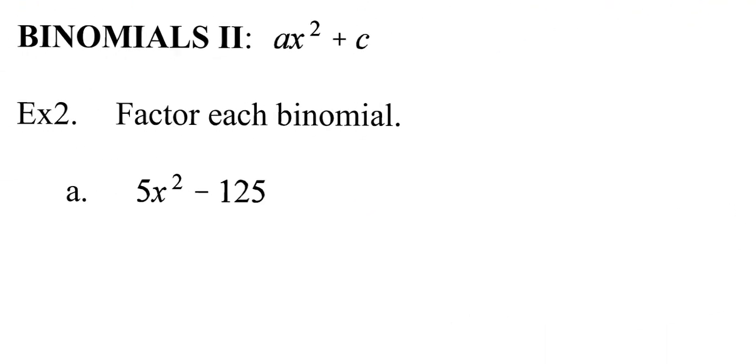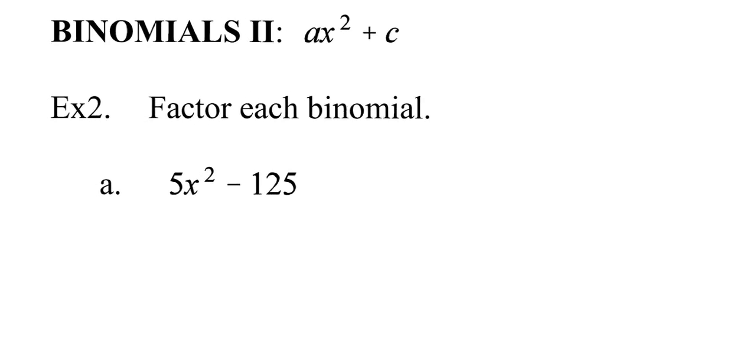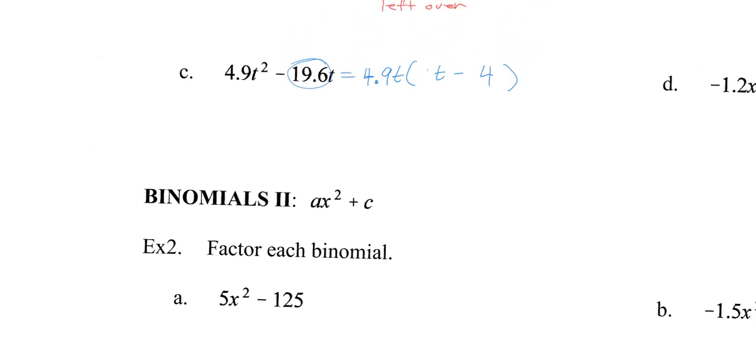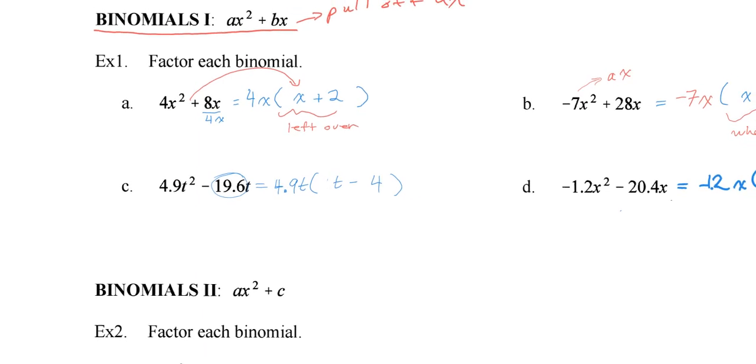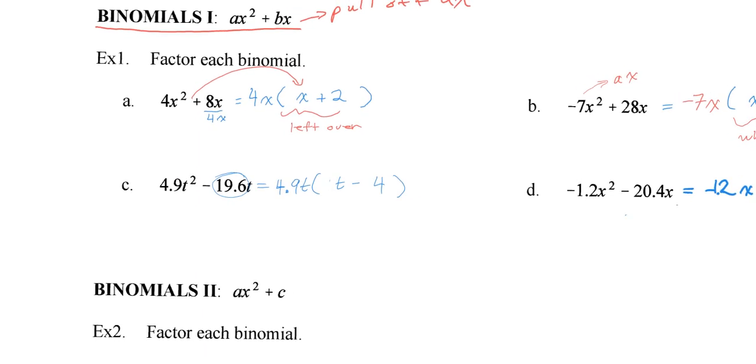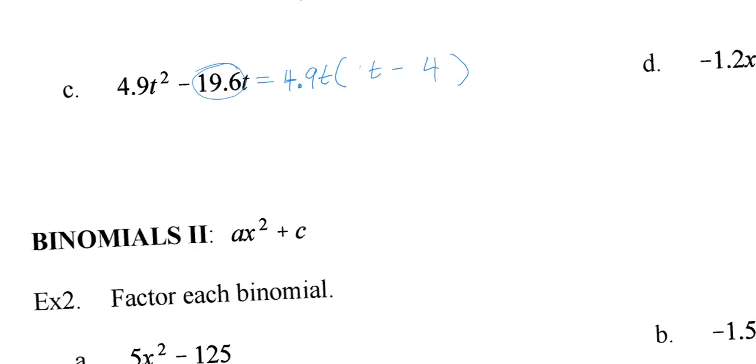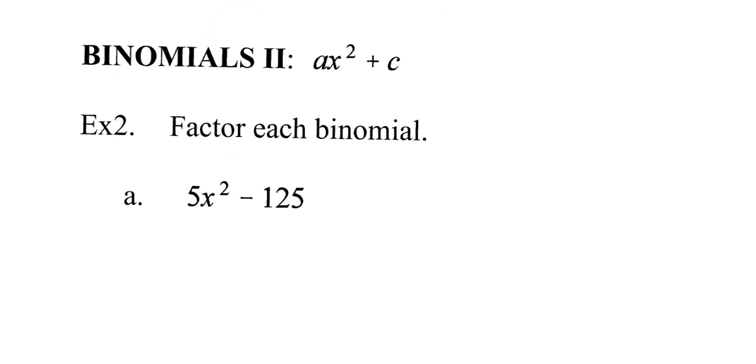This time, I want you to imagine that instead of what we had before, where we had ax squared plus bx, and we pulled off an ax in that case, this time, because there is no x term on our c, the only thing that we can pull off is the letter a that's sitting in front.